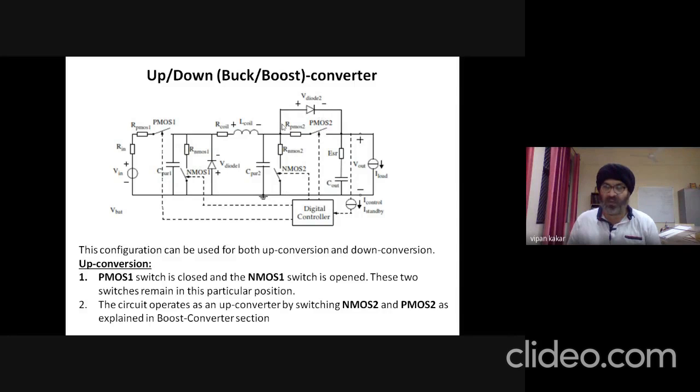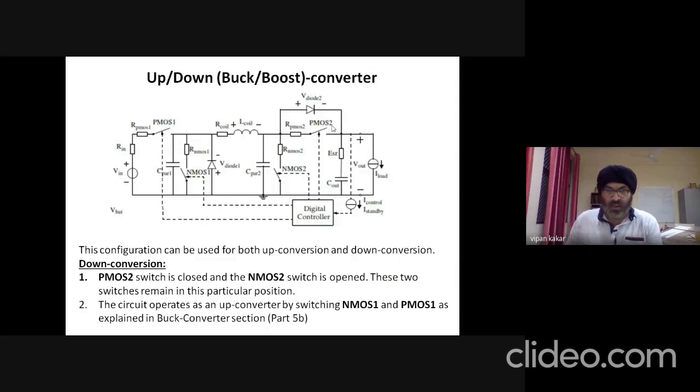Only the diode remains in the picture till the complete energy stored in the inductor is decayed to 0. And in phase 4, nothing happens, no transfer of energy, no flow of current. So the converter remains in the standby mode. So this is the usage of this buck and boost converter in a boost conversion mode.